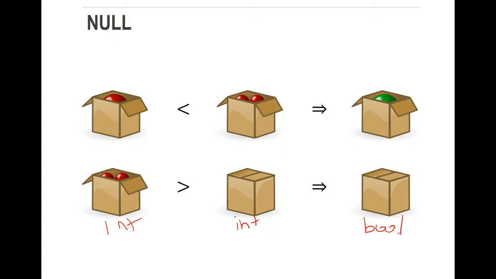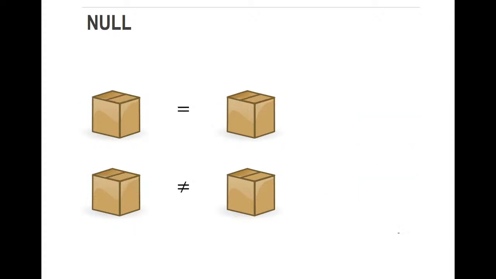And this is the very weird property that I'm going to go about, which is: are these two equal, or are these two not equal? Think about it for a moment. Are these two an equal value?